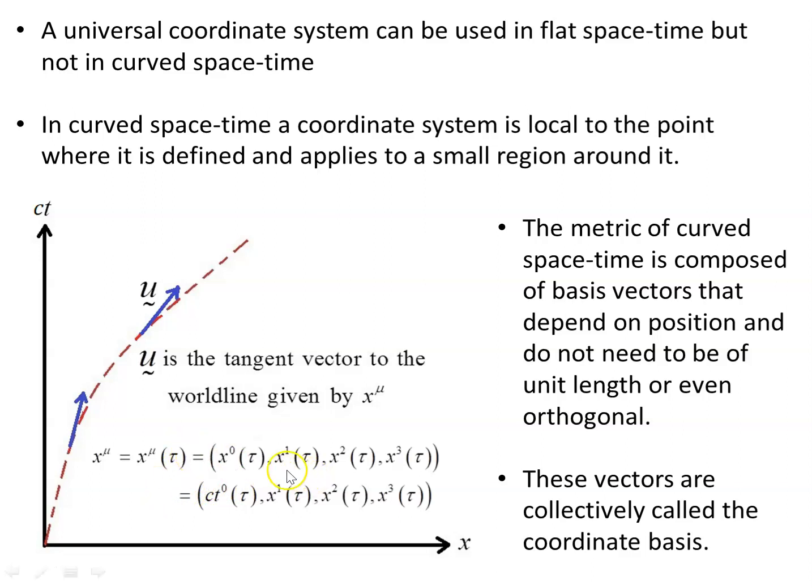That's the time it measures as it carries a clock with itself, so to speak, and records its own time. Now the metric of curved spacetime is composed of basis vectors that depend on position and do not need to be unit length or even orthogonal. These vectors are collectively called the coordinate basis.